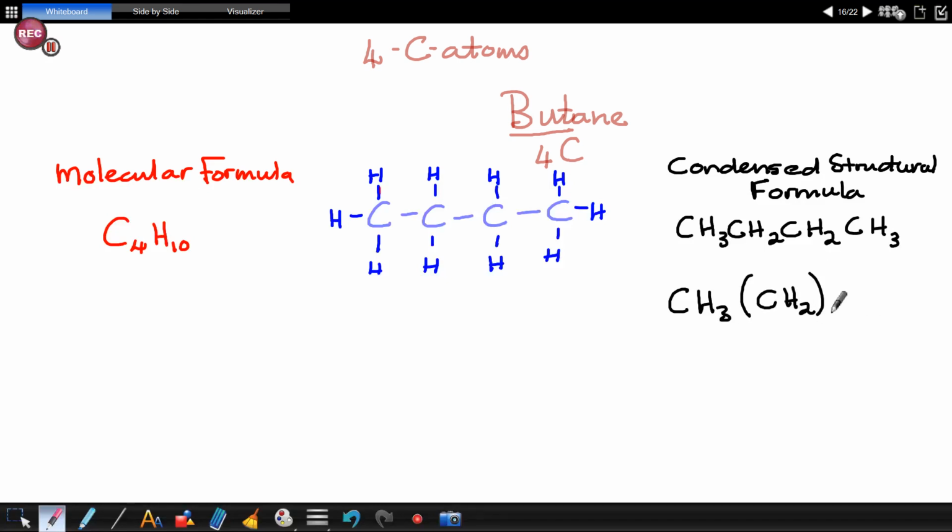How many of them are there? 2. CH3. See, the longer the chain becomes, the more condensed the condensed structural formula can be. So it is a shorter way of writing it. Yes. The longer the chain.